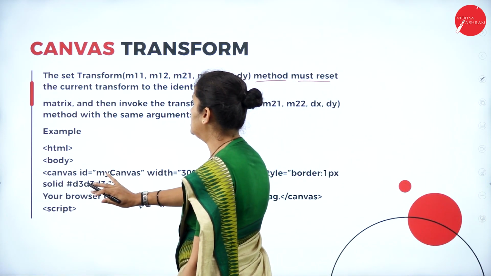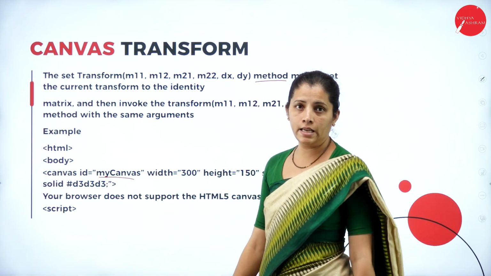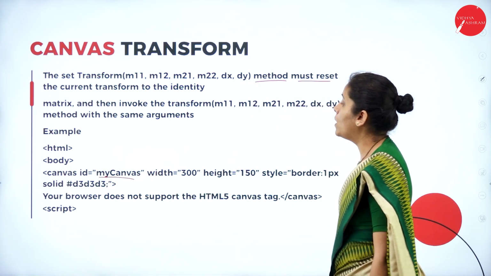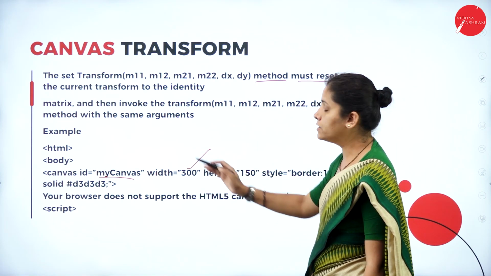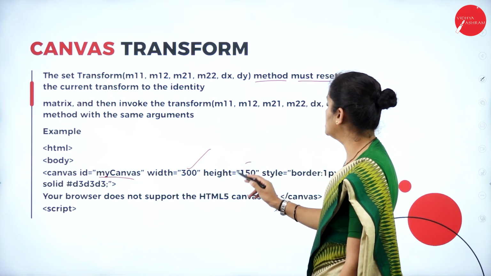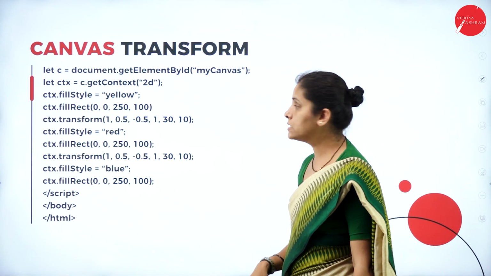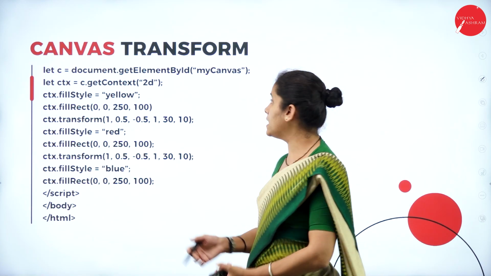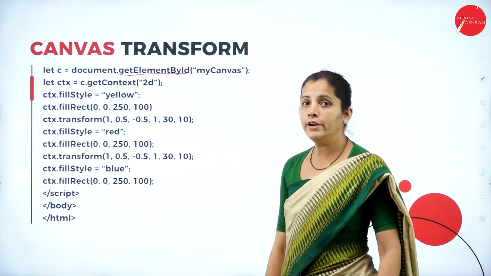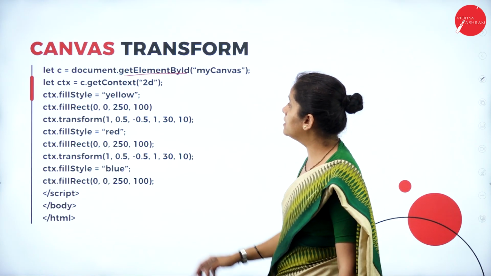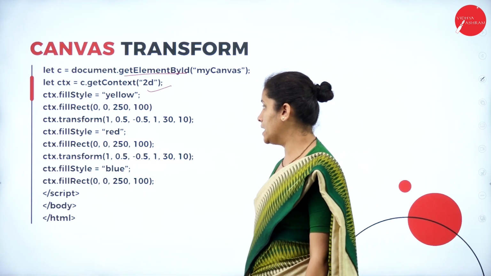If I consider this example, I have my canvas ID, my canvas. The width of the canvas is 300 and the height is 150. I write the script to get my canvas ID through getElementById. What kind of style am I going to fill? That is yellow, and I have a rectangle area.